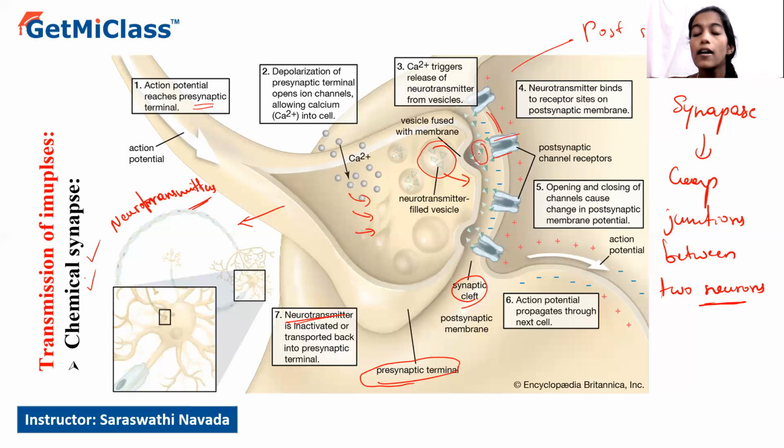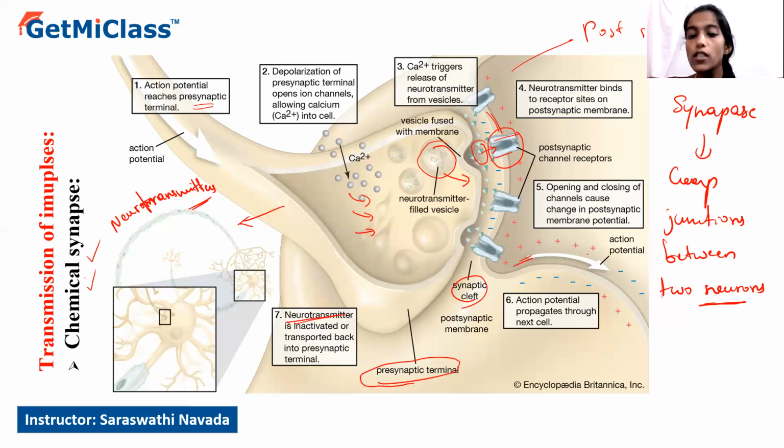Once the neurotransmitter comes and binds to the receptors present in the postsynaptic neuron, it results in the formation of the neurotransmitter receptor complex. This complex results in a change in the membrane potential of the postsynaptic neuron.